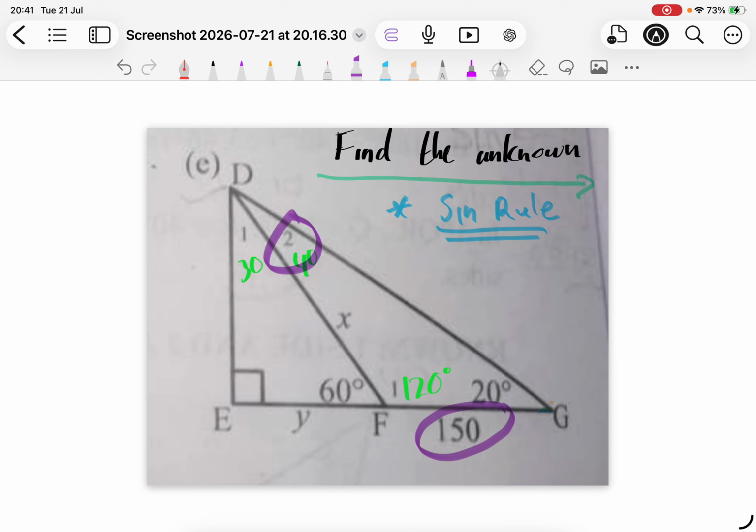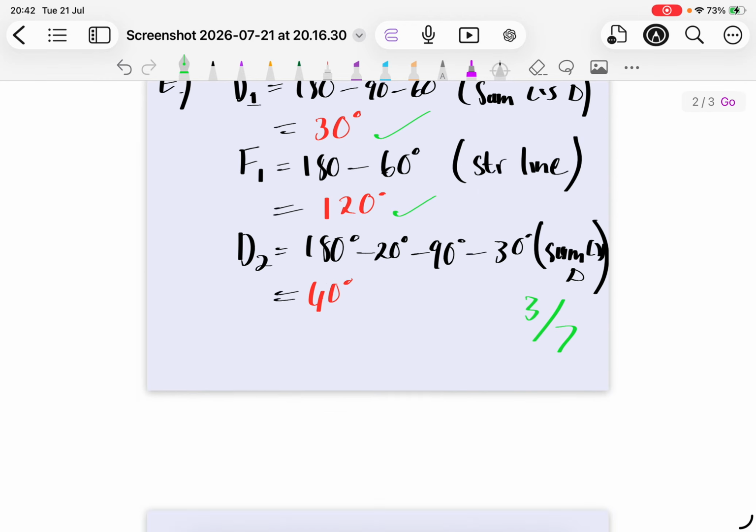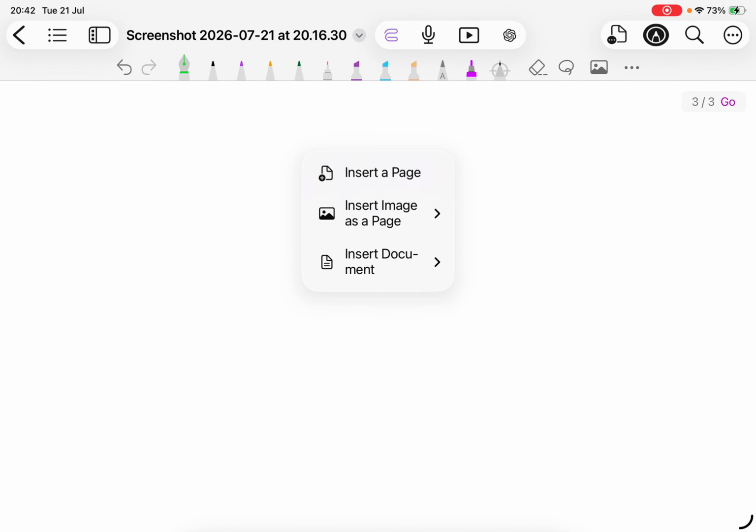So here, let me just quickly check what is my opposite angle to x. My opposite angle is then 20. So x and 20 share a relationship, and then the 40 and the 150 also share a relationship. So in order for me to find x, I can even put x on top, right?